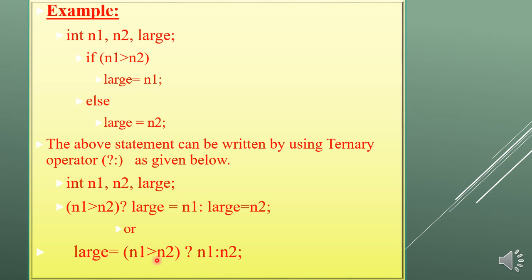If condition is true, the number in the variable n1 will be stored in the variable large. If the condition is false, the number in the variable n2 will be stored in the variable large. So this is how we have converted this if-else code by using ternary operator as per the given format.